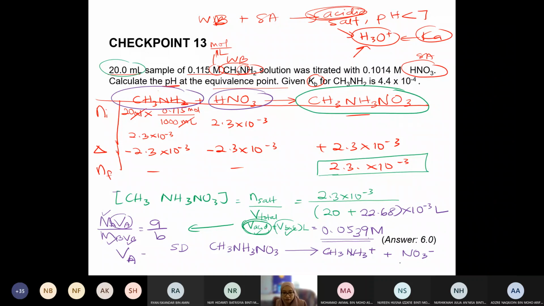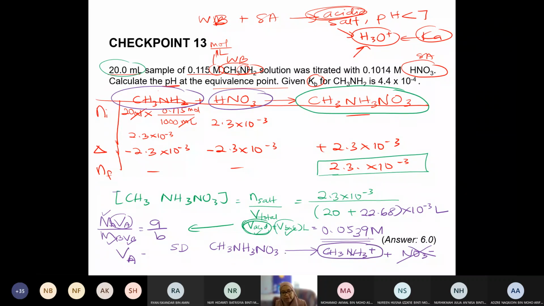So next we have to choose which of these two ions will undergo hydrolysis. This one will not be hydrolyzed because dia datang daripada strong acid. That means this is the conjugate base of the strong acid, so it is a very, very weak conjugate base. It will not react with water. But this one will be hydrolyzed.